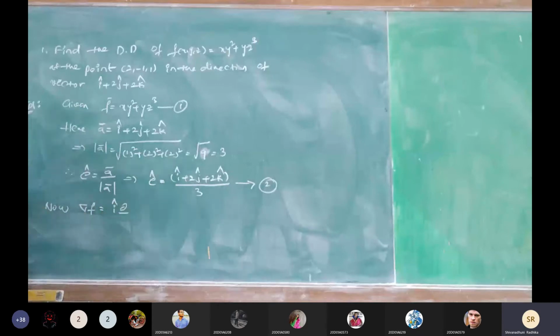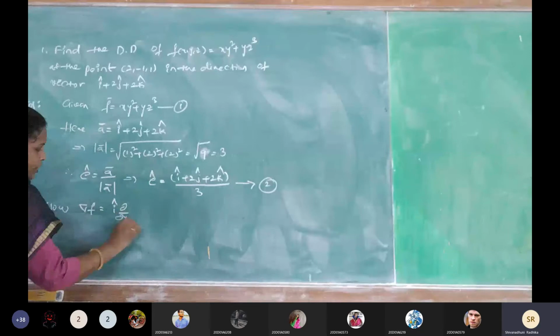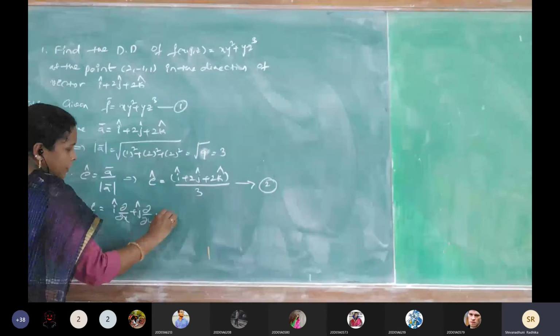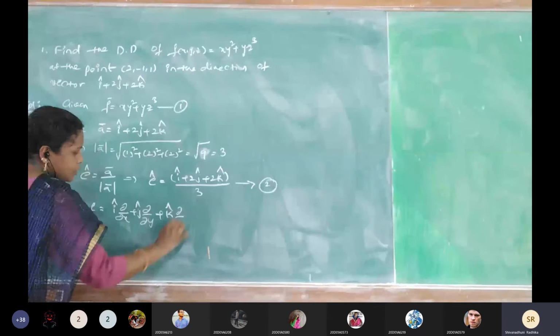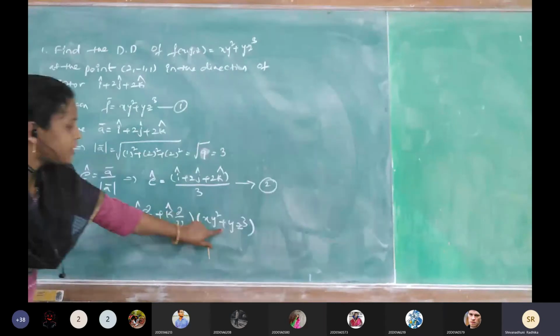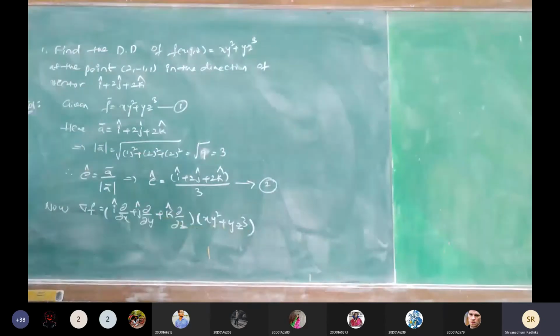i ∂/∂x + j ∂/∂y + k ∂/∂z of f. What is f here? f = xy² + yz³. Now, i ∂/∂x of (xy² + yz³).